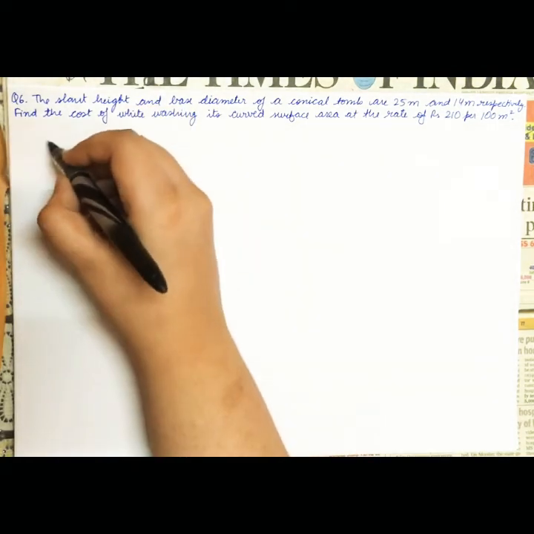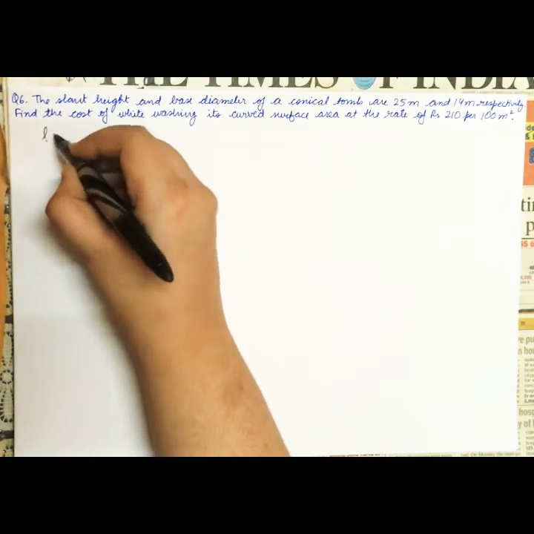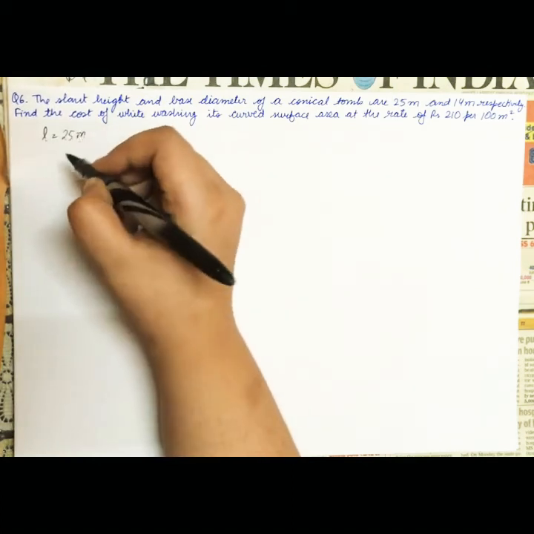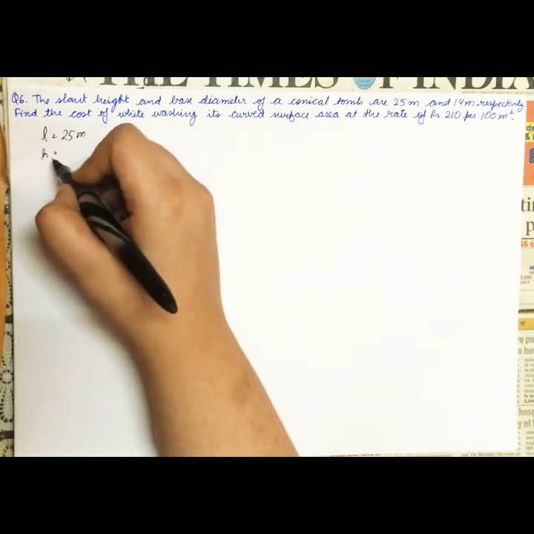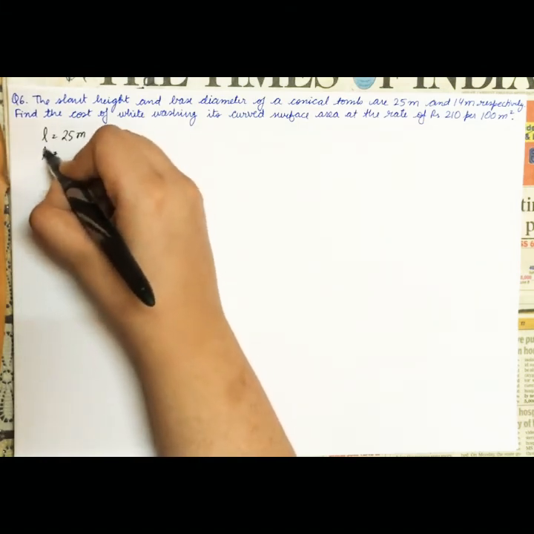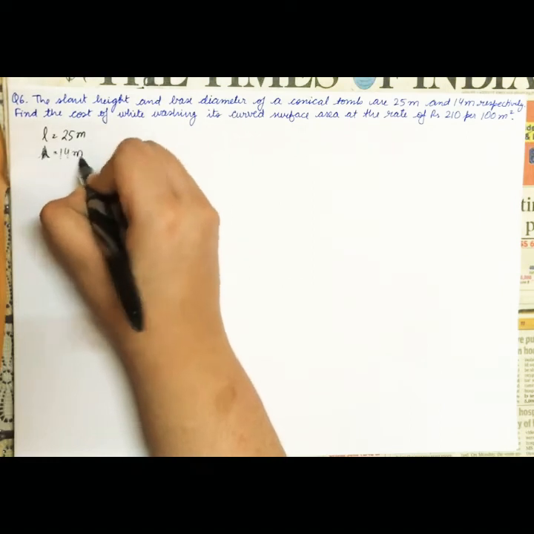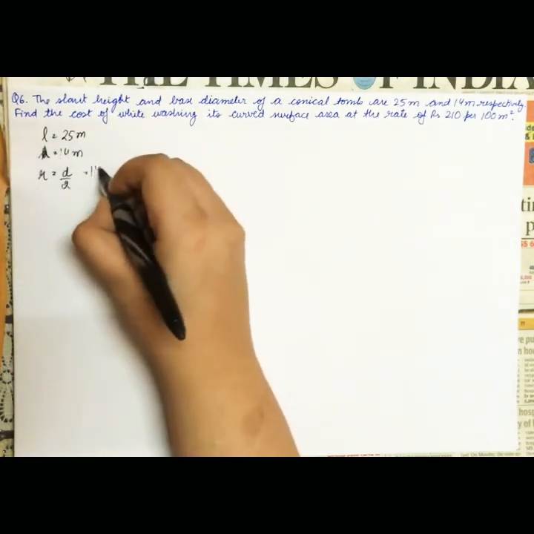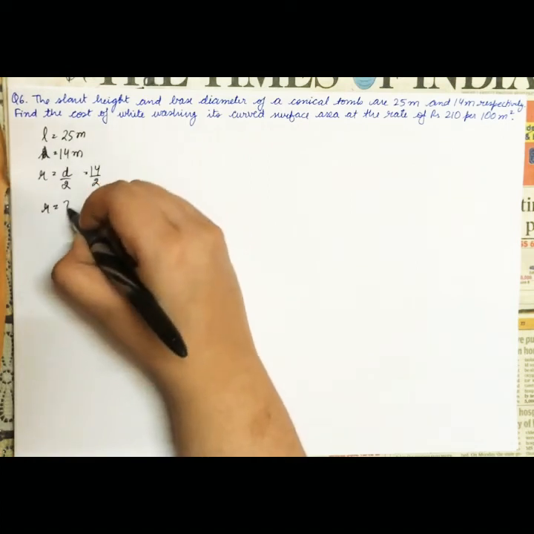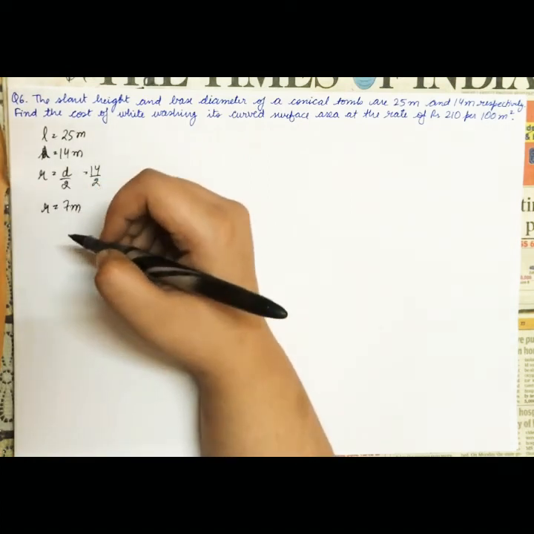So in this, slant height, that is L, is equal to 25 meter. Diameter is given as 14 meter. So radius will be diameter by 2, that is 14 by 2. Radius is equal to 7 meter.